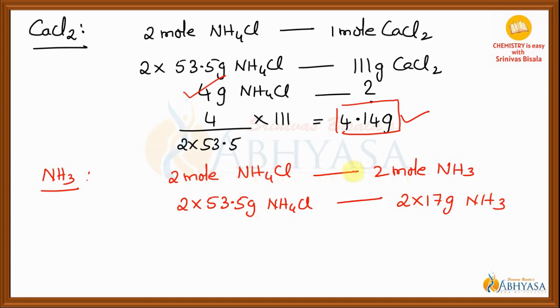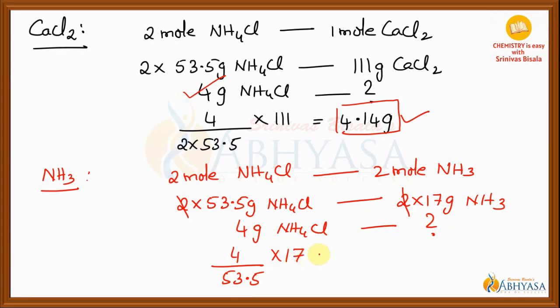These two are reacting in the ratio of 2:2, means 1:1. While solving the numerical, you can cancel these two at the beginning itself. We need to calculate when 4 grams of ammonium chloride is involved, how much quantity of ammonia is formed. It is 4 by 53.5 multiplied by 17. And after solving this, you get the value as 1.27 grams.